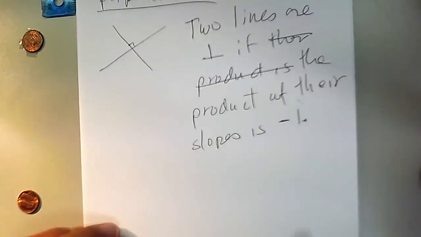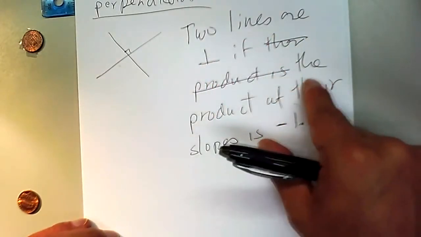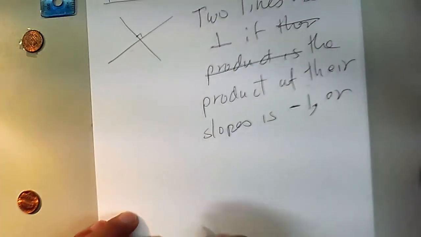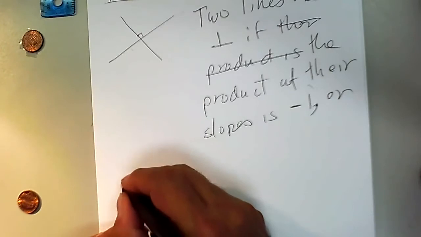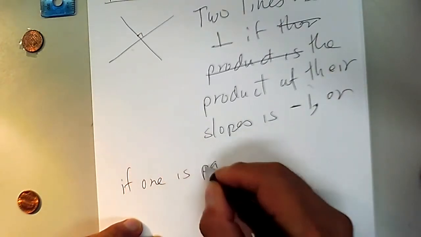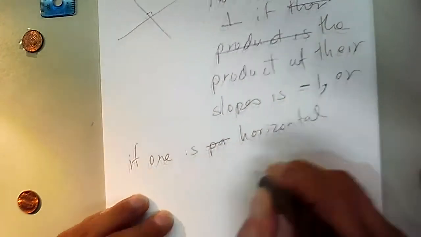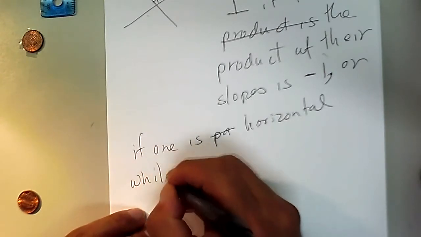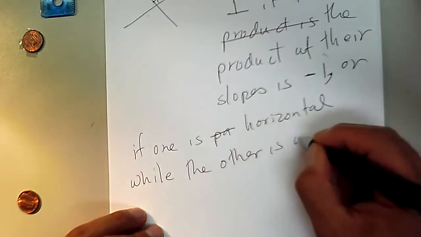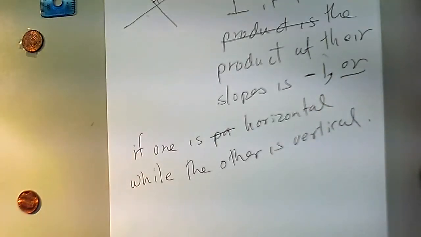So two lines are perpendicular if the product of their slopes is -1, or, if one is horizontal while the other is vertical. So there's a big or in there.